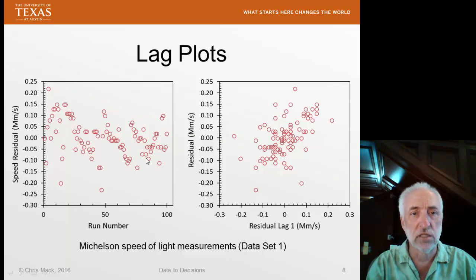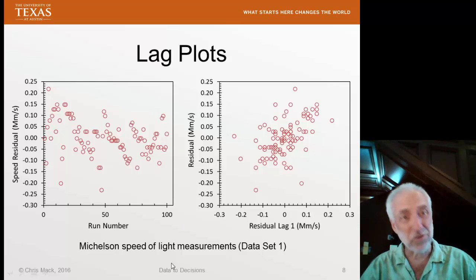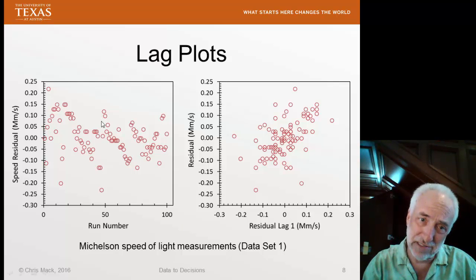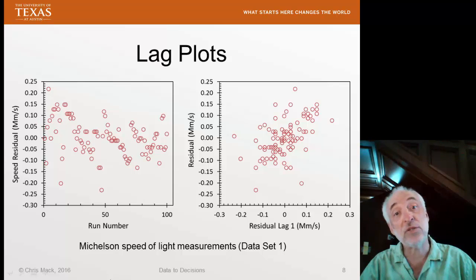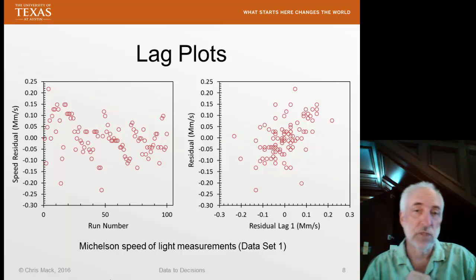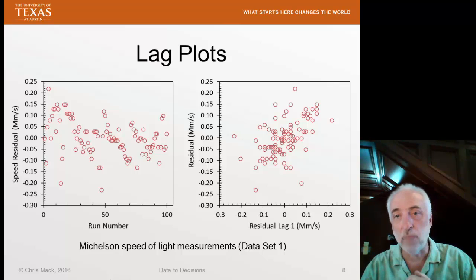All right, look at this. Can you see some systematic trends going on here? I don't know, maybe you can. You kind of sort of see some things going on, going up, going down. Maybe it's kind of hard to tell. But it's easier to tell with a lag plot. So here I plot the residual compared to the residual lag 1.